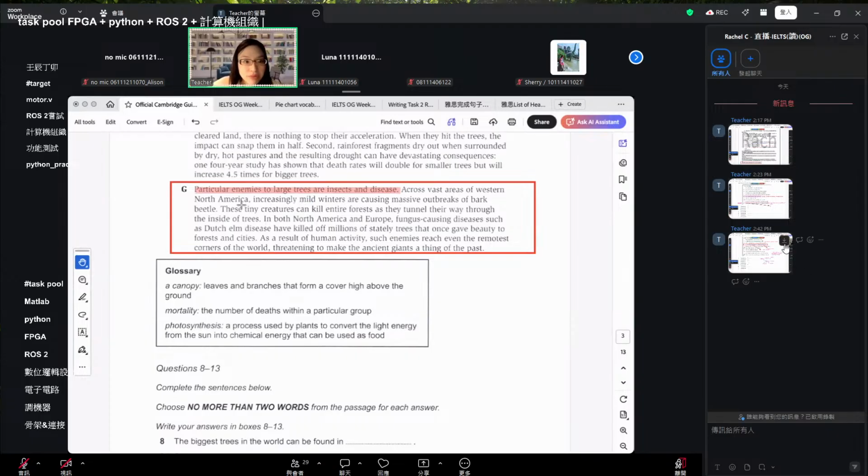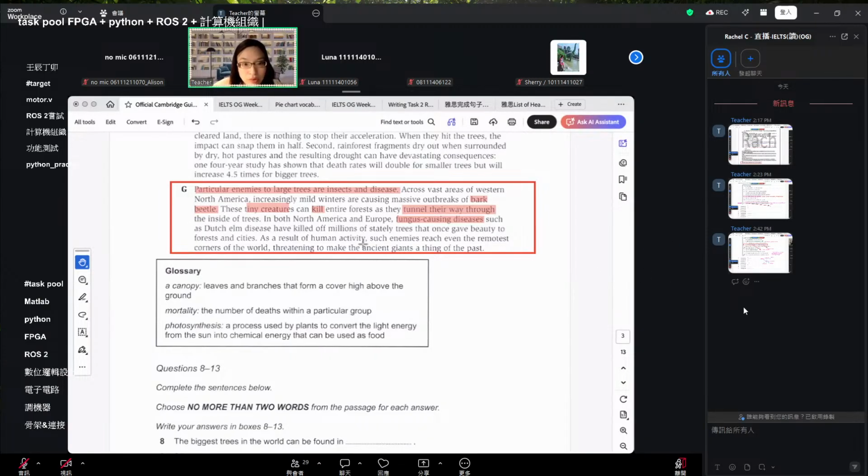They, for example, talk about tiny creatures that kill entire forests and tunnel their way through the inside of the trees. Again, they were talking about the fungus causing disease. So the first one was referring to the bark beetle. The second is the fungus.